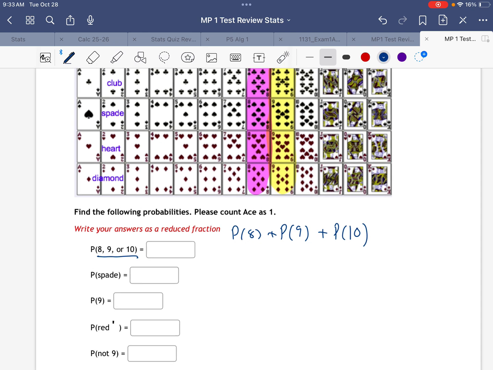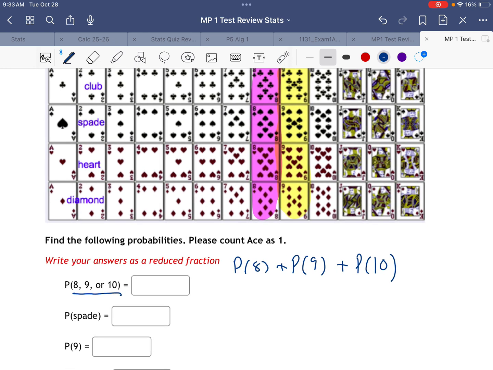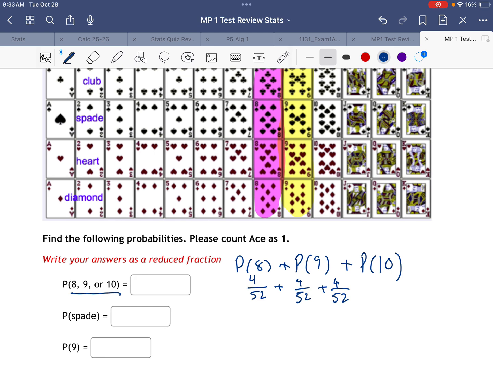So when I'm looking at the probabilities here for an 8, a 9, and a 10, this is 4 out of the 52 total cards, plus 4 out of the 52 total cards, plus 4 out of 52. I can write this like 12 out of 52, or 3 out of 13.